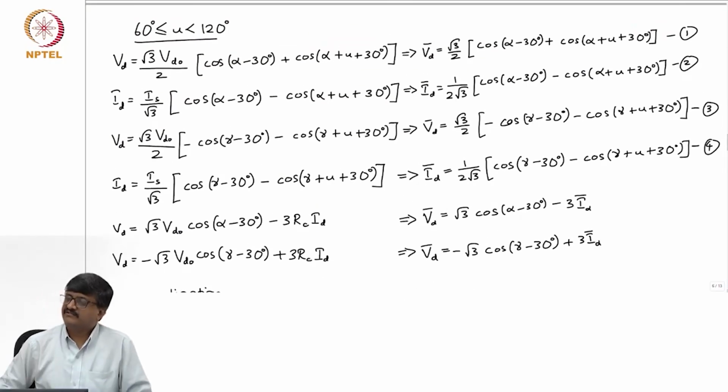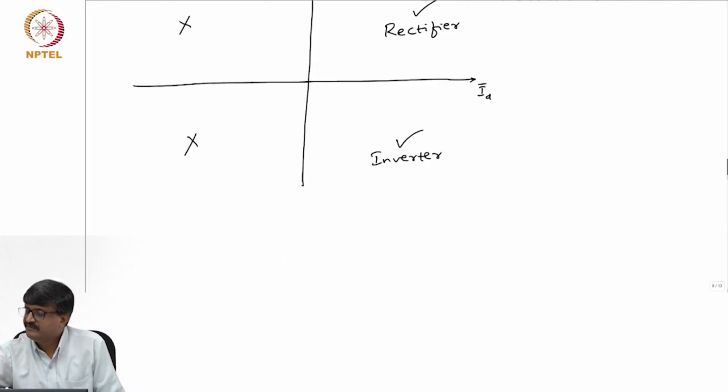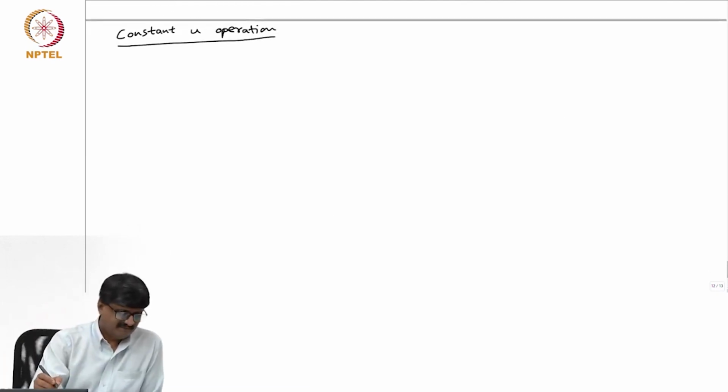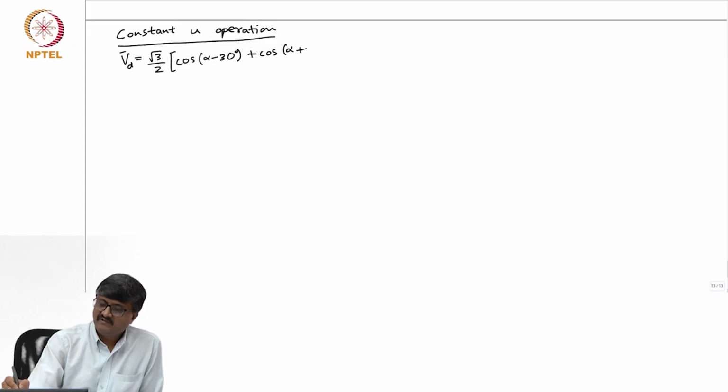I have to again consider equations 1 and 2 and eliminate alpha. So I have equations 1 and 2. Equation 1 is Vd equal to root 3 by 2 into cos(alpha minus 30 degrees) plus cos(alpha plus u plus 30 degrees).